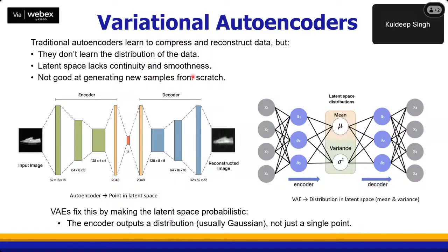We were only considering the mean value there. There was no distribution; the distribution was not learned by the autoencoders. However, the variational autoencoder is fixing the problems associated with autoencoders. The encoder outputs a distribution, not just a single point. Similarly for the decoder.